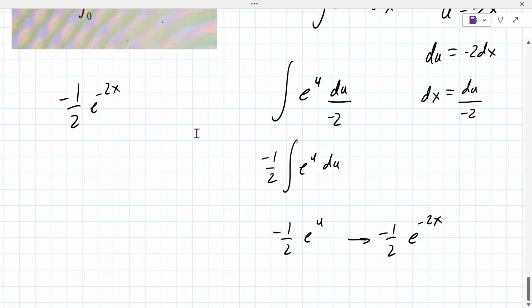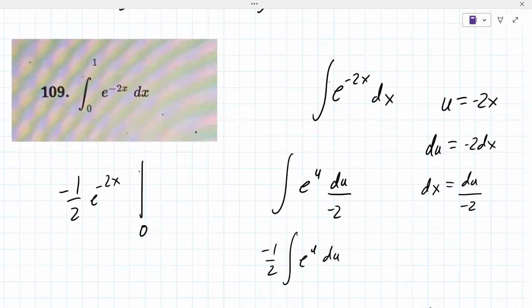Right. So the next thing here is you end up evaluating at the bounds. That's what's different about these problems: you have to evaluate the top minus the bottom. Do you remember that from a previous lesson? Yeah. So it's like putting 1 in and then 0 in.